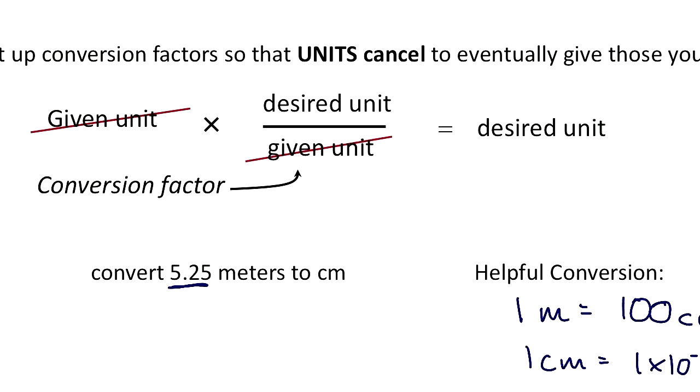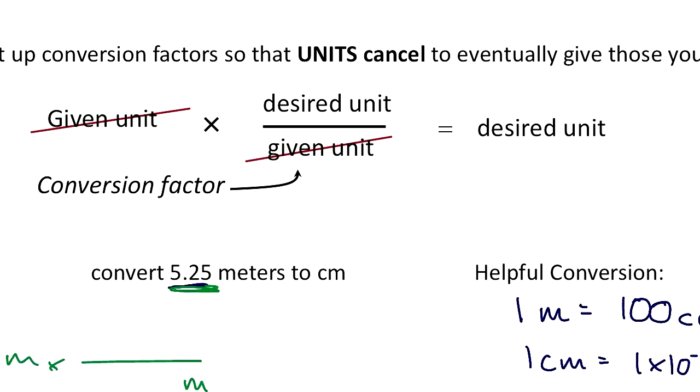So there's the equality we have to work with. So remember this equality, that equal sign, I can put either one of those things at the top and bottom of my fraction. So what I'm going to do is start with the value that's given. So 5.25 meters, all right? So I have a meter and I want to cancel it. So that means I have to put meter on the bottom of the next fraction. So if I look at my conversion, I'm going to use the top one here.